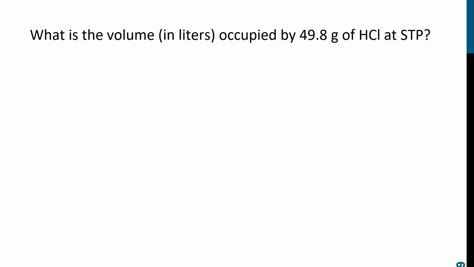Here they have given the mass of HCl and they have told us it is at STP conditions. So we know at STP we have pressure equals 1 atm and temperature 0 degrees Celsius or 273.15 Kelvin.